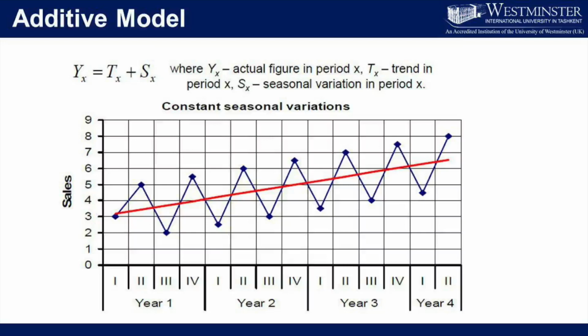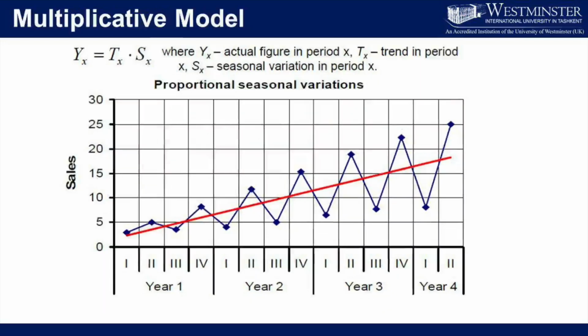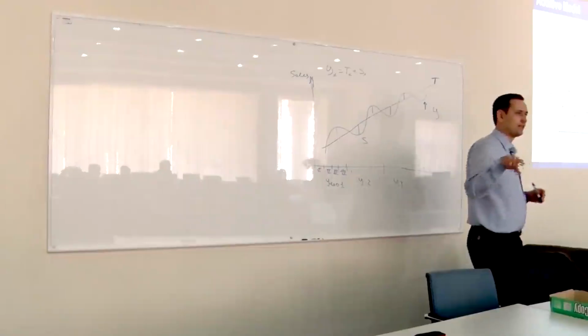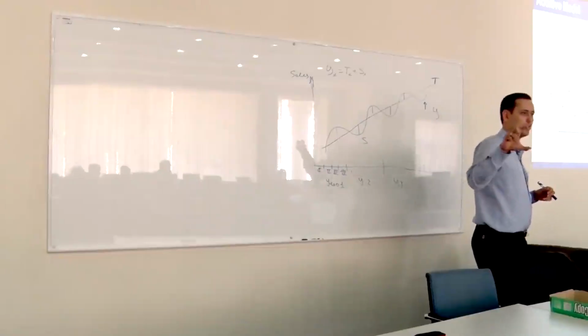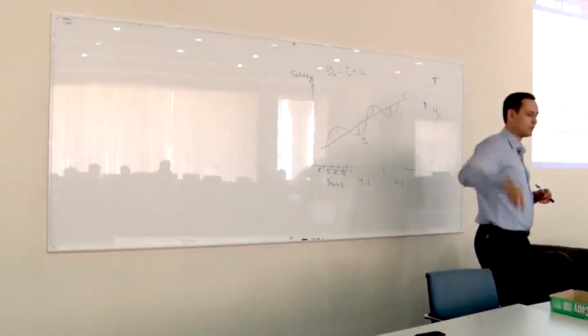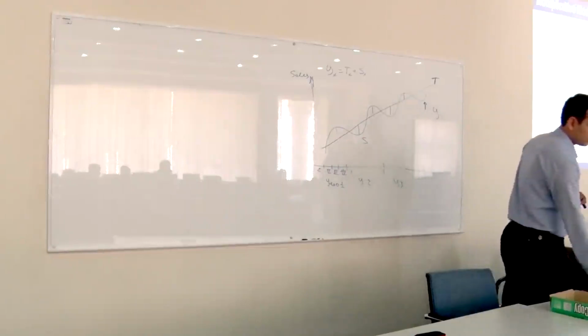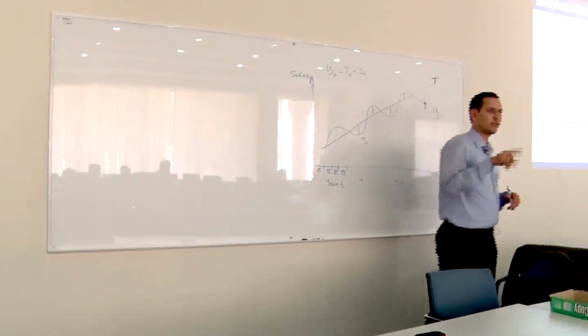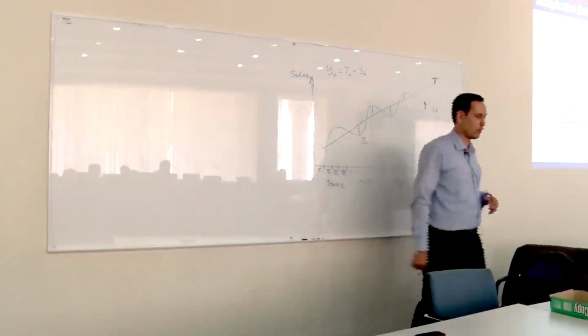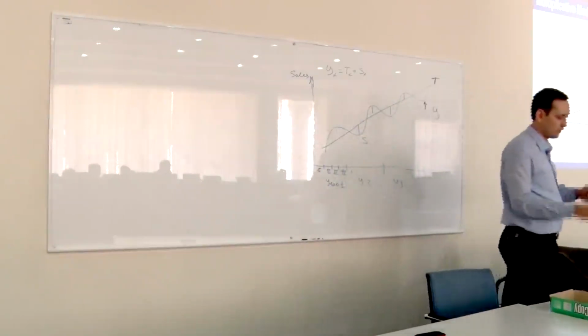The amplitude starts to increase in the multiplicative model, right? But in the additive model, it's the same. It's very stable. The variation is stable, but it still keeps fluctuating. But in this one, the fluctuation is actually increasing. It's going up and down, like the amplitude is increasing.